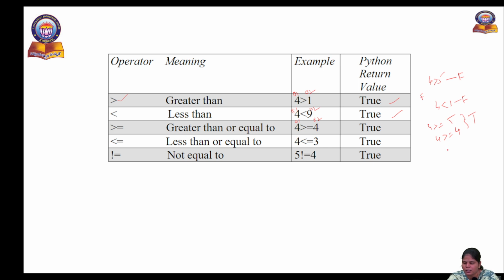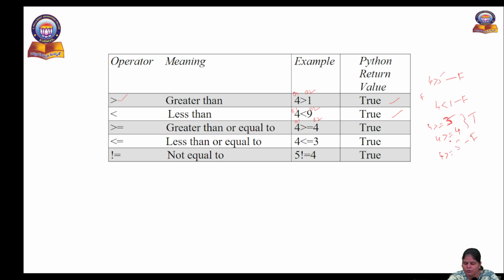If I mention 4 greater than or equal to 3, sorry, not 5, it's 3. 4 greater than or equal to 3, 4 greater than or equal to 4, it gives the output as true. If I take 4 greater than or equal to 5, it's false, right?